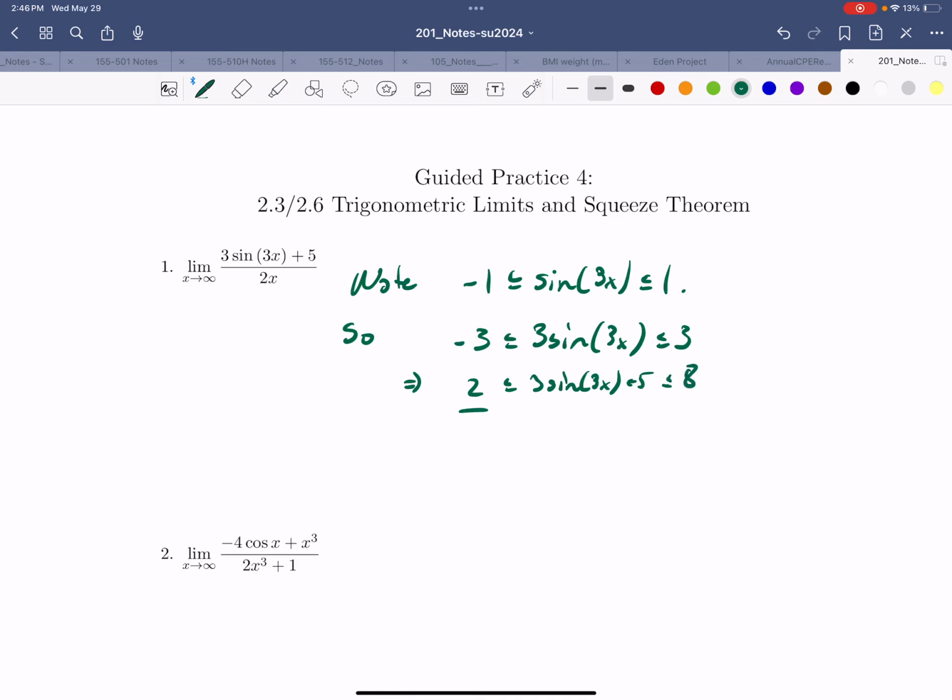And then divide by 2x. And then at this point, well, does this really work? Let's take a look.